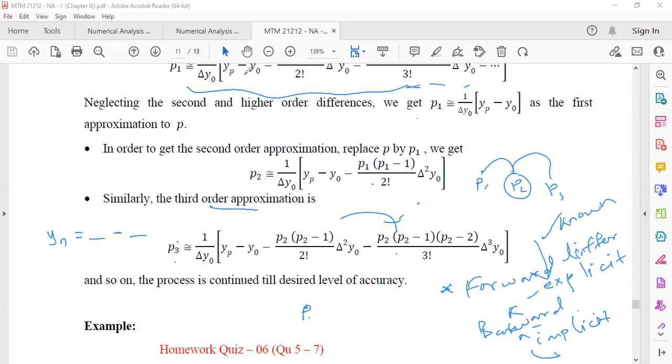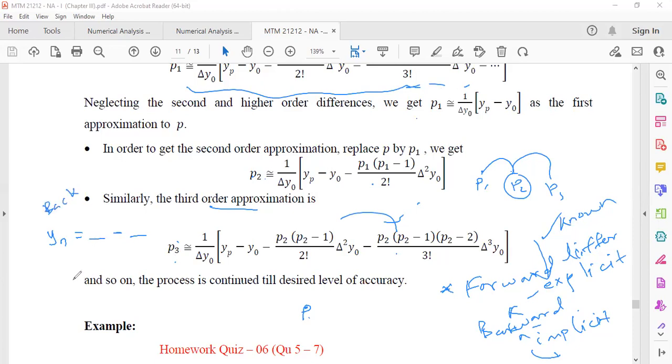Can you give the general equation of yn? I want most people to answer, no? Yes, you are correct. What about the other? What is the general equation of yn in the backward?